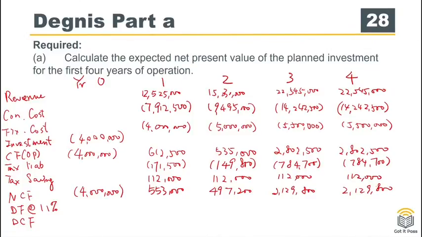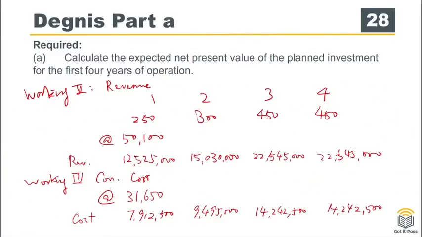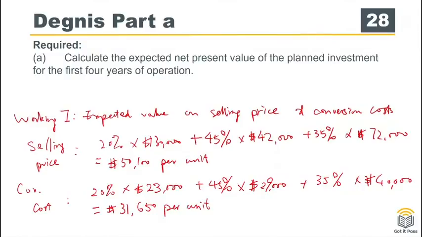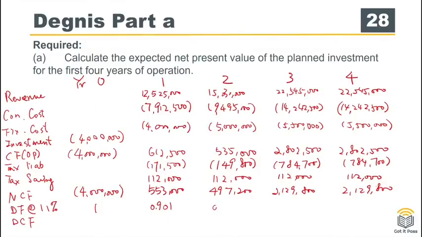Okay, with discount factor at 11%, you just check with your table. So you got all the discount factors from the first to the fourth year, and the discounted cash flow for each scenario.